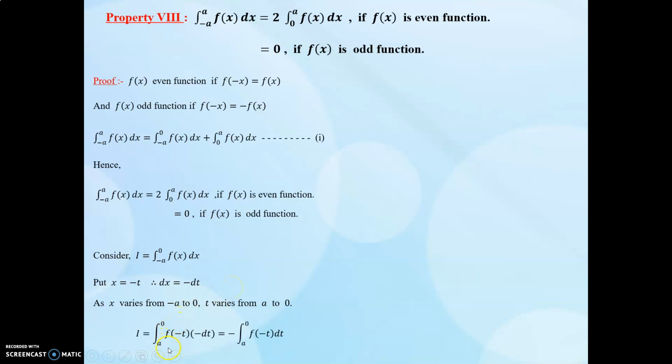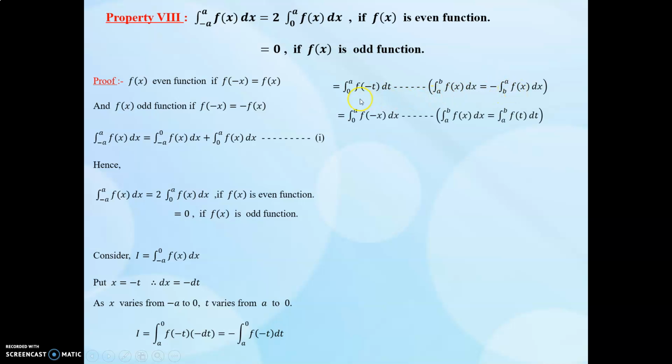So I is equal to integral a to 0 f of minus t into minus dt. You can take this minus outside. So minus of integral a to 0 f of minus t dt. In the next step you can write this as integral 0 to a f of minus t dt by using this property: integral a to b f of x dx is equal to minus of integral b to a f of x dx.